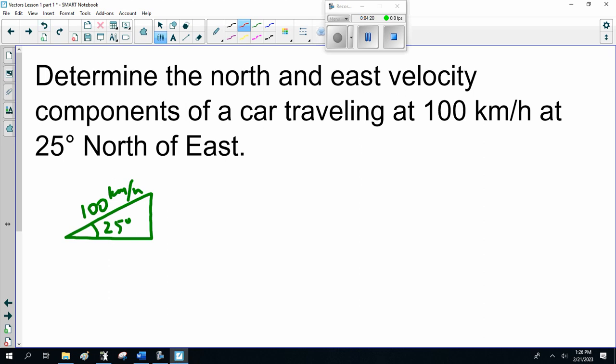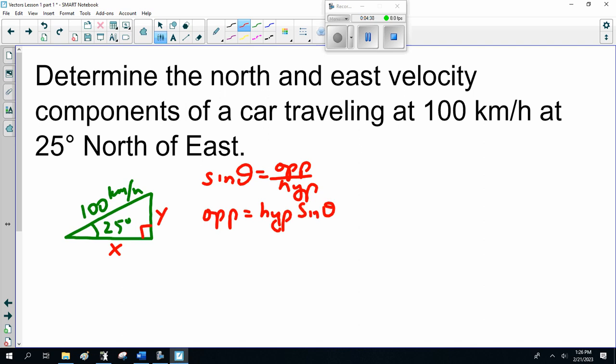So we have to figure out the x component and the y component, the opposite and adjacent. Out of habit, I start off with sine. Sine of theta is opposite over hypotenuse. Opposite is hypotenuse sine theta. In this case, the opposite is the y. That's 100 kilometers an hour times sine of 25.